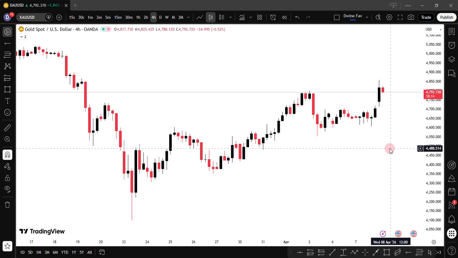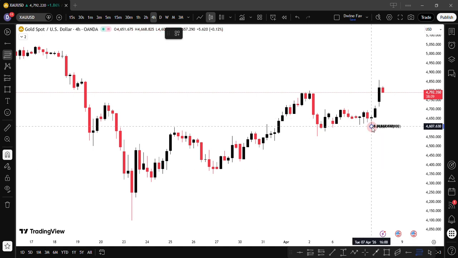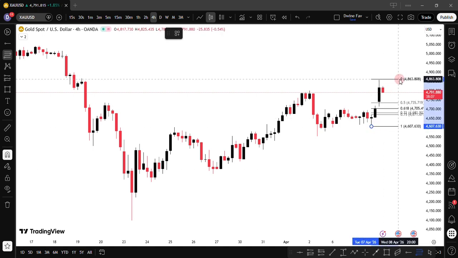And if we do measure that gap corresponds with the 62% area. So we'll just wait and see what it will do. For me, I'll be waiting for it to come, fill that gap, and then now we can continue up.